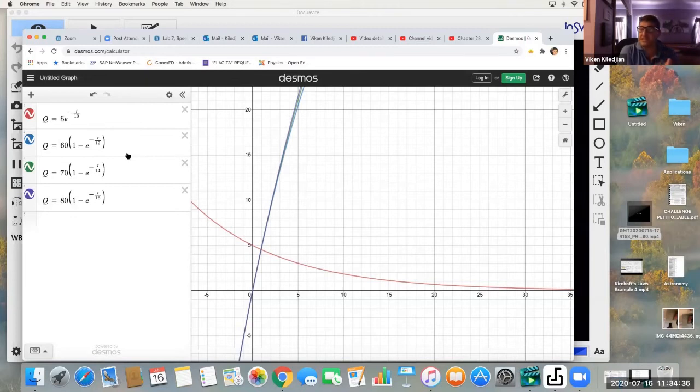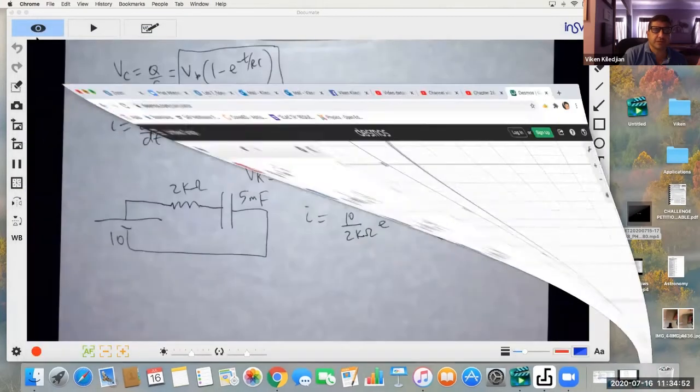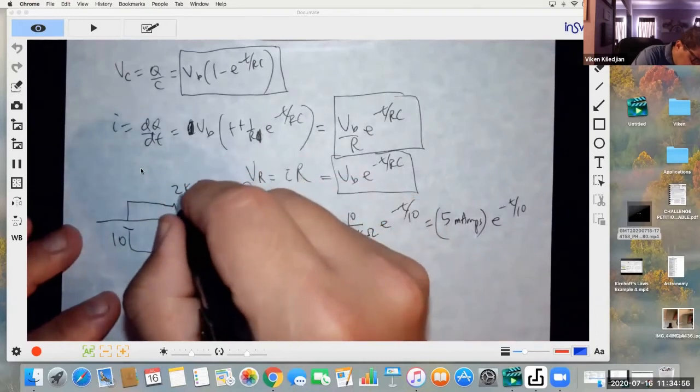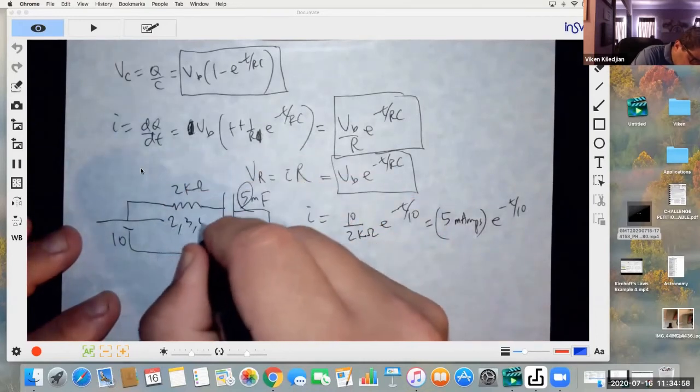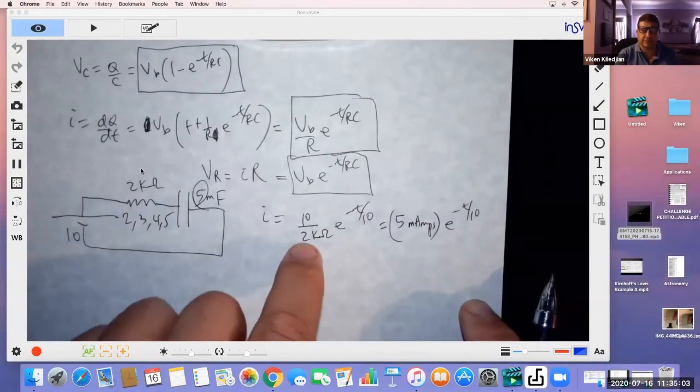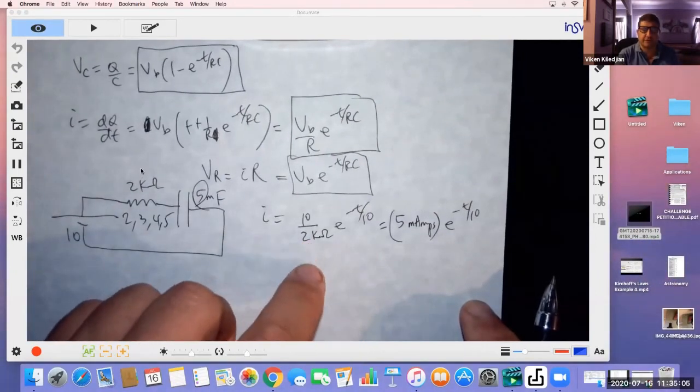Keep the capacitance at 5, and change the resistance to 2, 3, 4, 5. So then what happens? This becomes 2, 3, 4, 5.